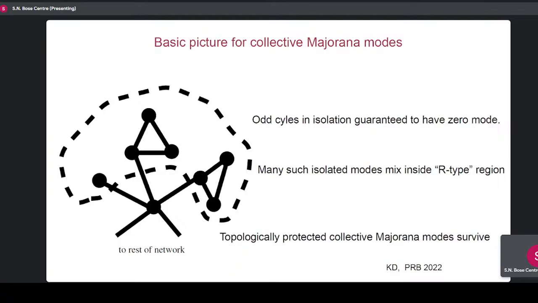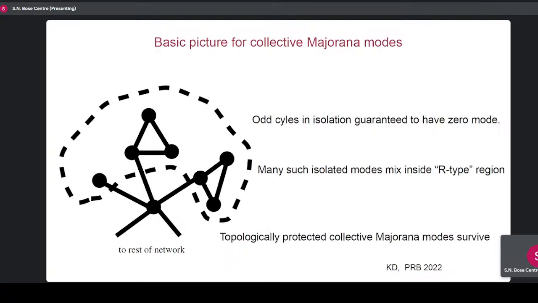And so, if you imagine having an odd number of these odd cycles coupled to each other via other sites, and if the number of motifs is more than the number of sites that they couple via, you can again make an argument and say you will get zero modes in any such region of the lattice, locally independent of what happens in the rest of it. This was the rough idea.